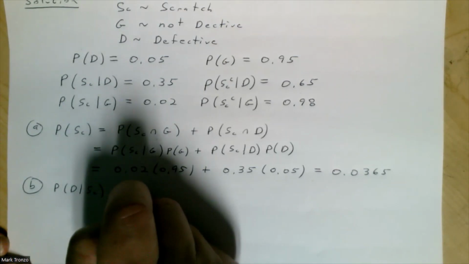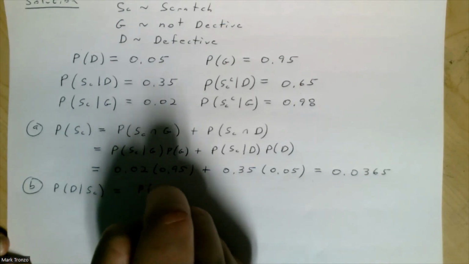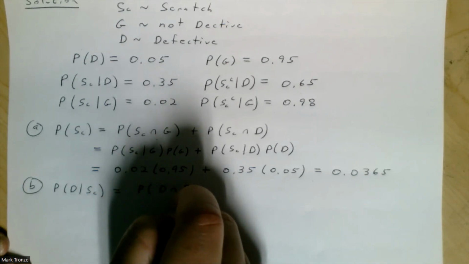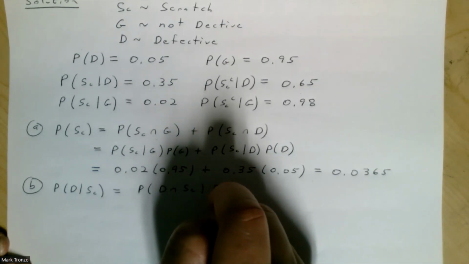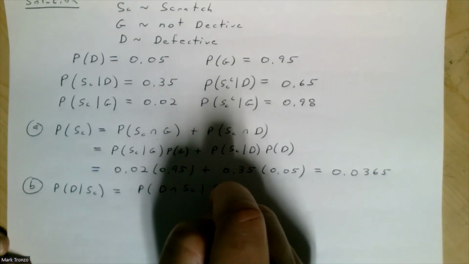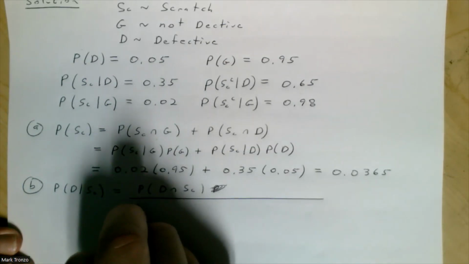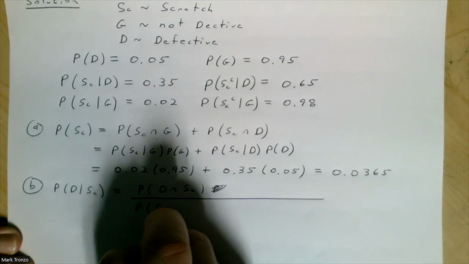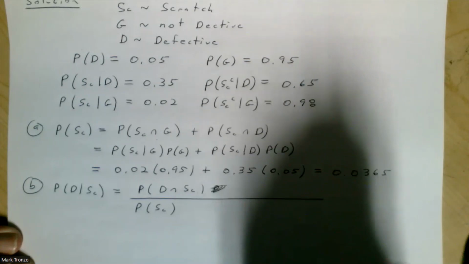That can be written as the probability of defective intersect scratch, and then in the denominator, we're going to have the probability of scratch. I shouldn't have made this line so long, otherwise I could have fit it in up here.